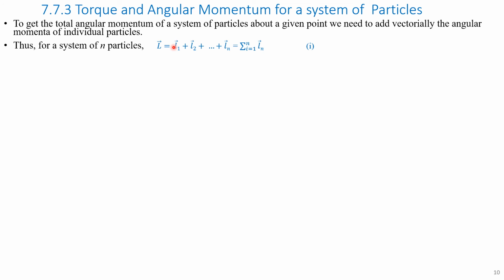Let us do it. If there are n particles in a system, we can write the total angular momentum, vector capital L, is equal to L1 plus L2 plus, etc., plus Ln, where L1, L2 up to Ln are the vectors of the individual particles 1, 2, up to n respectively.